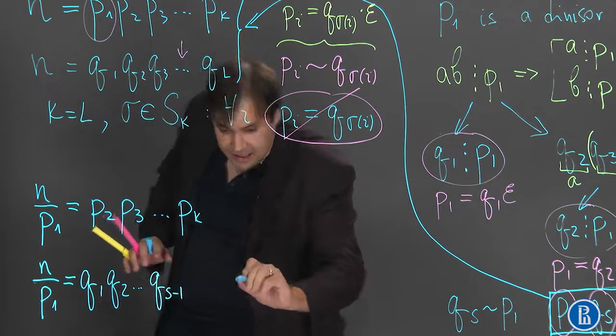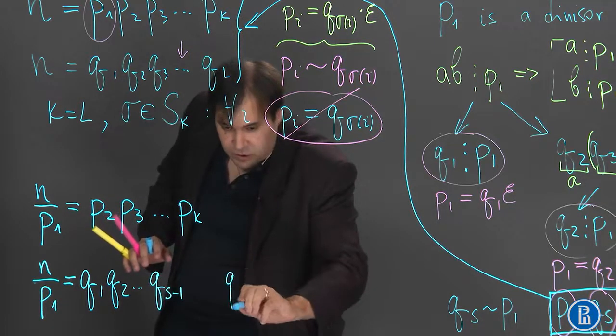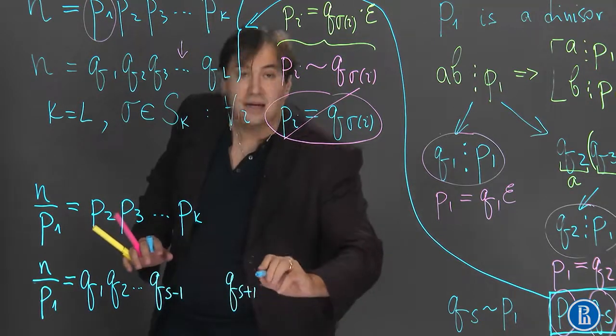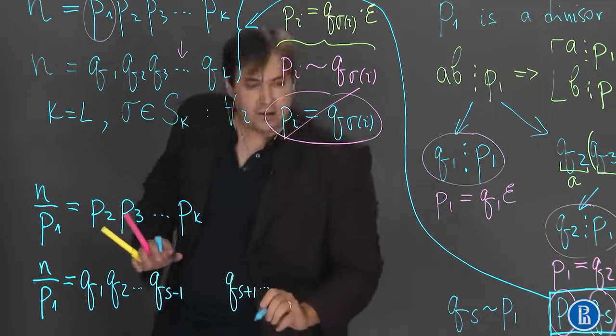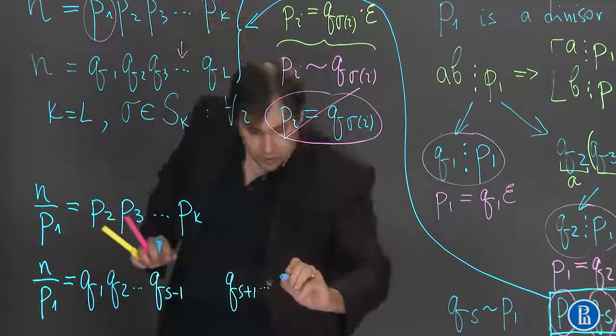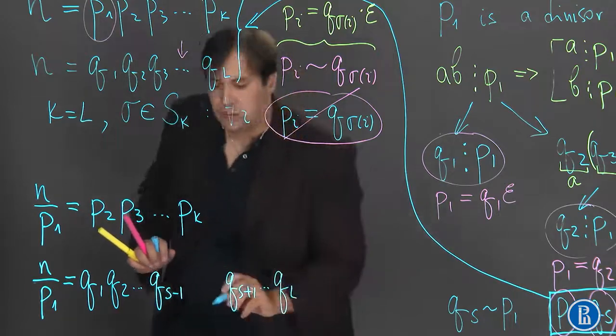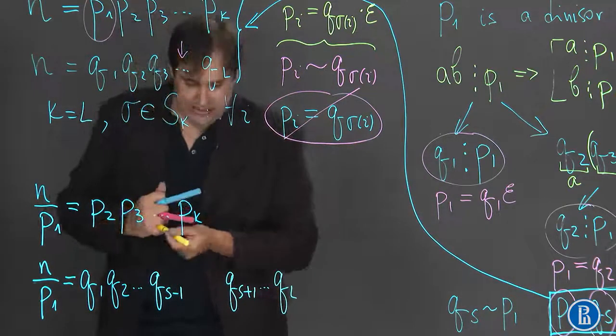I will write it a bit later. And then we have Qs plus 1, and so on until we get to Ql. And what do we have here instead of Qs?